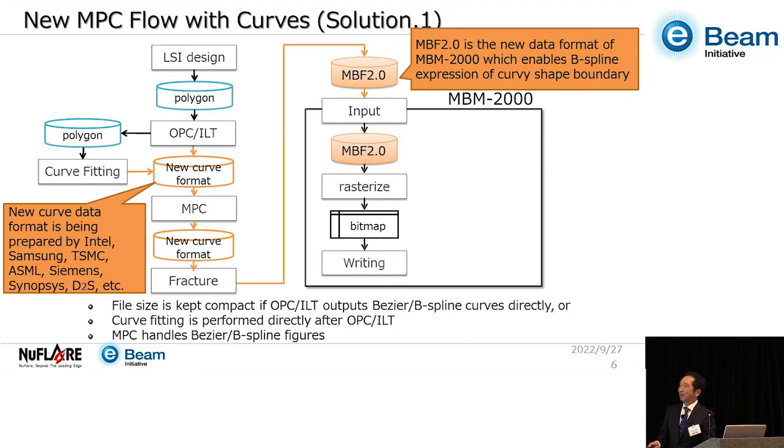But anyway, new curve format is now being wrapped up and soon become a public format next month, I heard. And we have a new data format, MF 2.0, which uses B-spline expression to express curvy shape boundary. But still, it's leaving MPC figure count and or processing time issue.